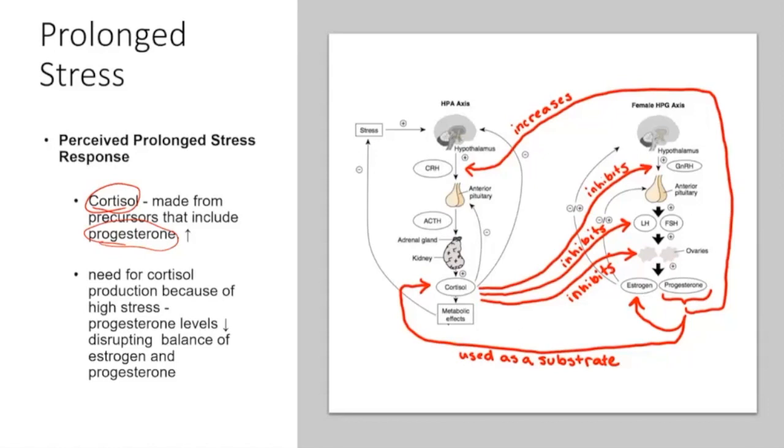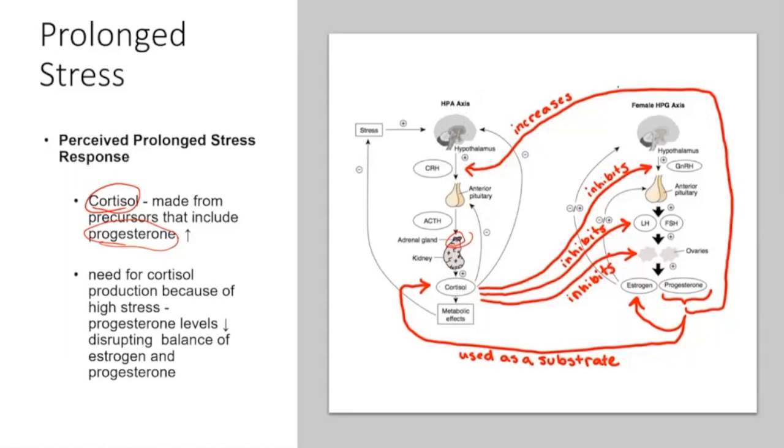So we have stress come in here, the HPA axis, the hypothalamus pituitary adrenal axis, and it tells different things, and it starts to say that we have to do certain things. So it comes down here and it makes cortisol. It says, okay, everybody get off, grab the adrenals, have the stress response, but eventually we have to make cortisol.